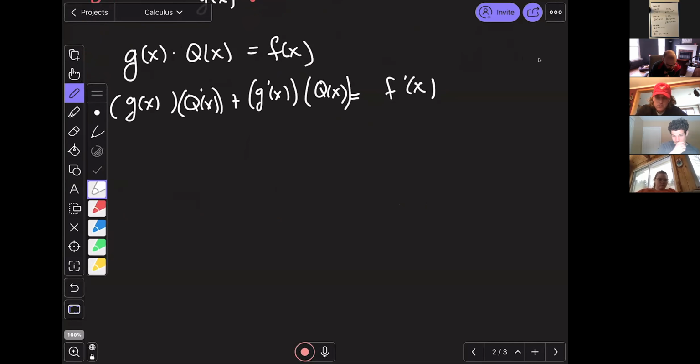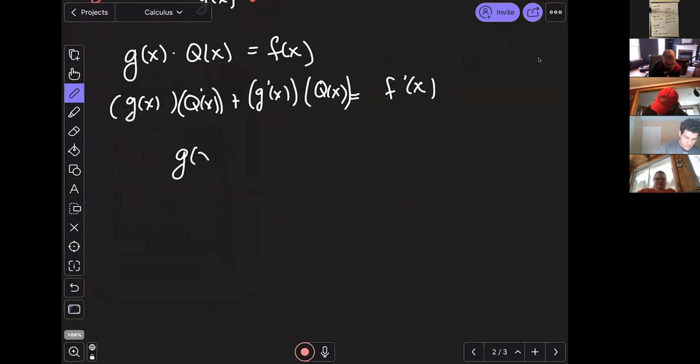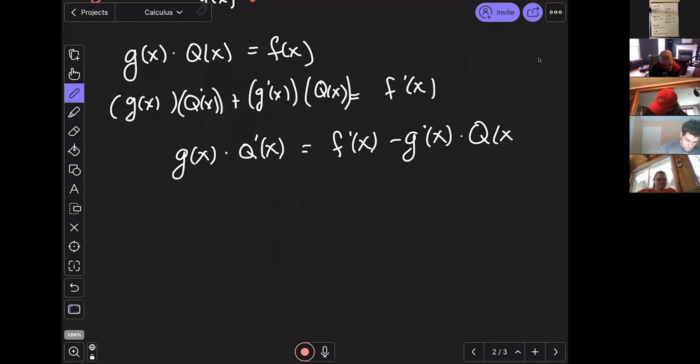And what I can do is subtract this part over to the other side. What I'll be left with is g of x times q prime of x is equal to f prime of x minus g prime of x times q of x.